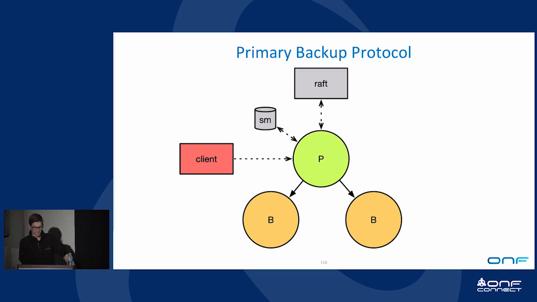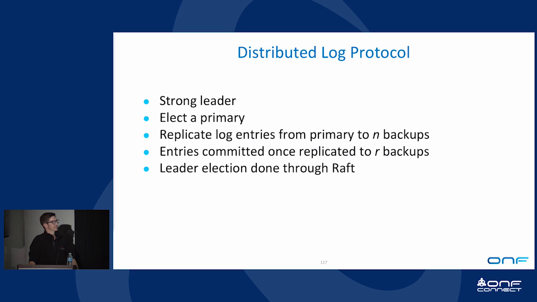But the nice thing is that it's structured similarly to the Raft protocol, and that allows us to build abstractions that can use each of the protocols. The same thing goes for the distributed log protocol. It looks like primary backup, but it's a generic protocol for writing a distributed log.